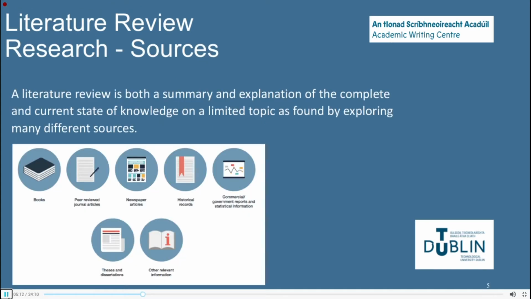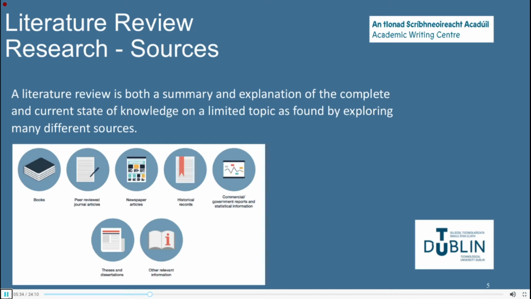As you can see here, a literature review is emphasized as both a summary and an explanation of the complete and current state of knowledge on a limited topic as found by exploring many different sources. And in the image there, you can see the different sources.